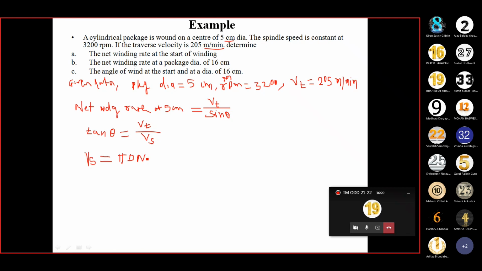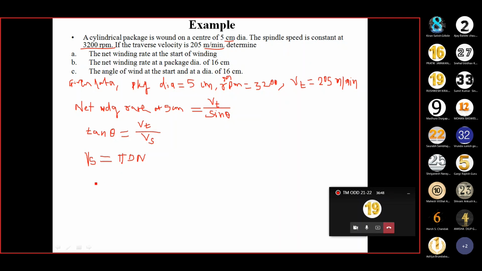So n is what? Here n is the spindle RPM, because spindle is revolving the package. Whatever the speed of spindle is, that speed is gained by the package. So here we can take the spindle RPM. Yes, it has been given, 3200 RPM. So all the things they have given, we can calculate the Vs.